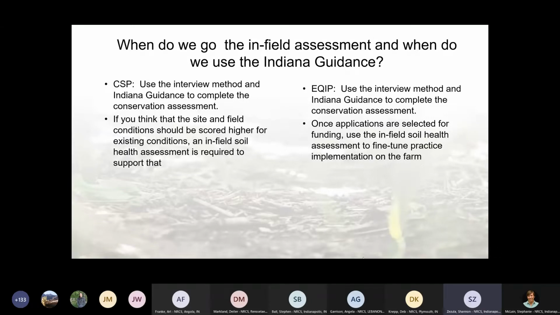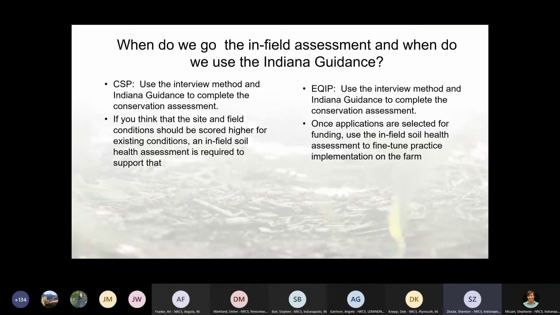However, at a minimum, we will still do soil health assessments on all of our conservation planning efforts. So for EQIP, if you make a decision on the interview method and you've never done a soil health assessment, but that plan gets funded, you will do a soil health assessment to make sure that the cover crop species, the rates, the seeding dates, termination dates, and everything else matches and addresses the resource concerns that are actually out there based on that soil health assessment.